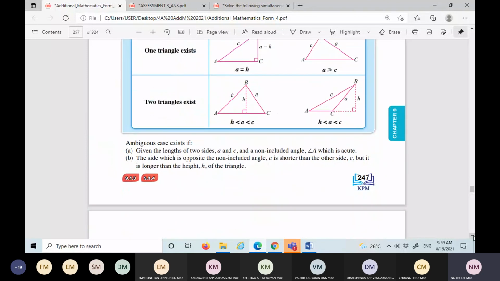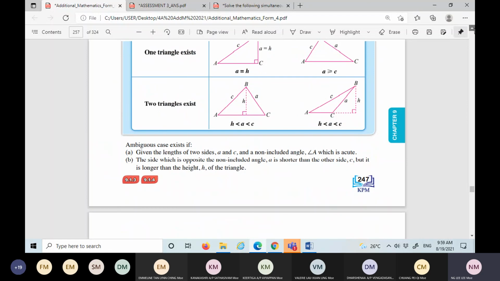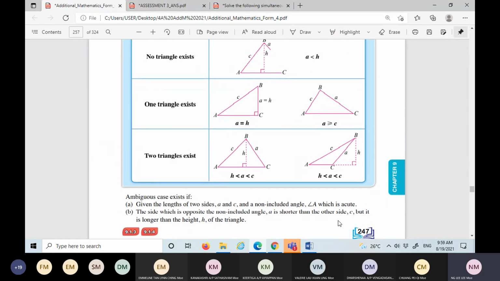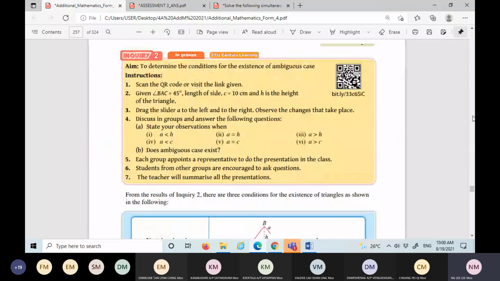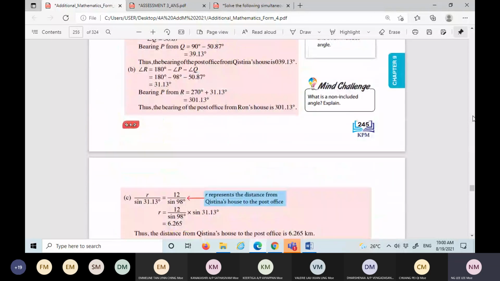Go and find out what the meaning of ambiguous is, and see under what conditions the ambiguous case arises. Look at these two, A and B, and try to understand it, so that tomorrow when I explain to you, you will get a better idea.